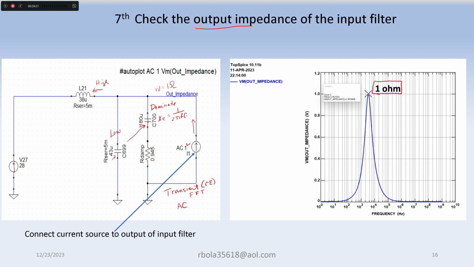As C goes up, the impedance goes down, and basically you can think of this as a short. And if you notice, the R damp then dominates because it's bigger than the impedance of the capacitor. So since this is 0.9945, it basically matches what your output impedance is. So again, these two are your main filters, your inductor and your capacitor, and then this is your damping circuit.